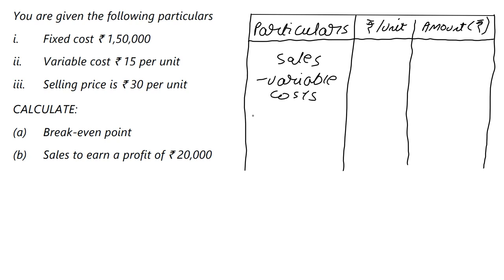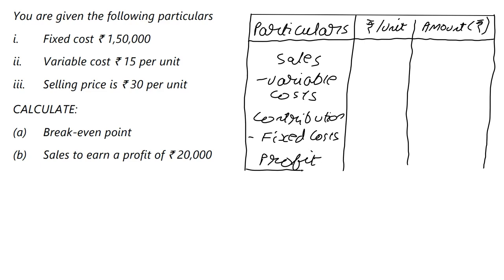Sales minus variable costs gives us contribution, minus fixed costs gives us profit. So this is our format.